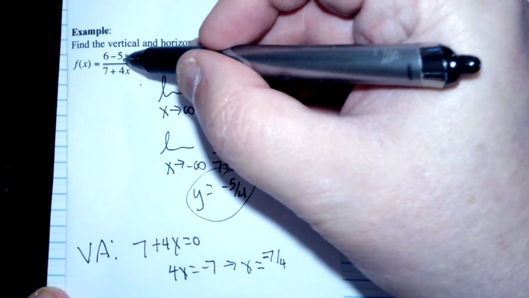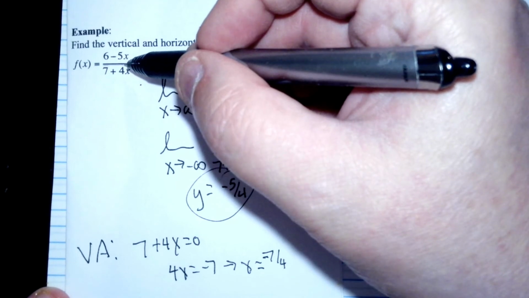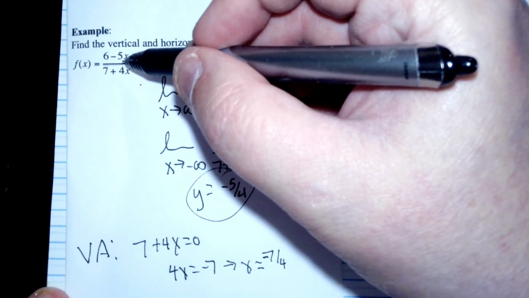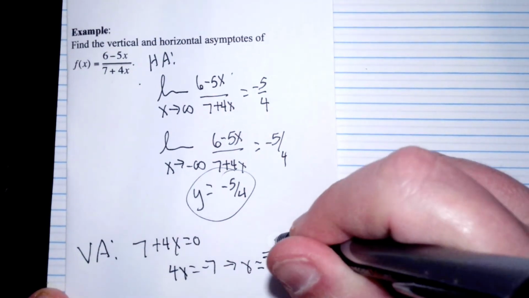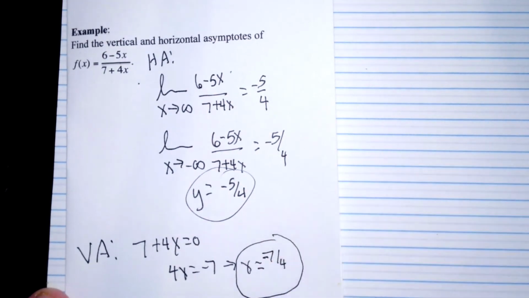And that's not going to make the numerator 0. The only thing that would make the numerator 0 would be 6/5, I think. So our vertical asymptote is x equals negative 7/4, and our horizontal asymptote is y equals negative 5/4.